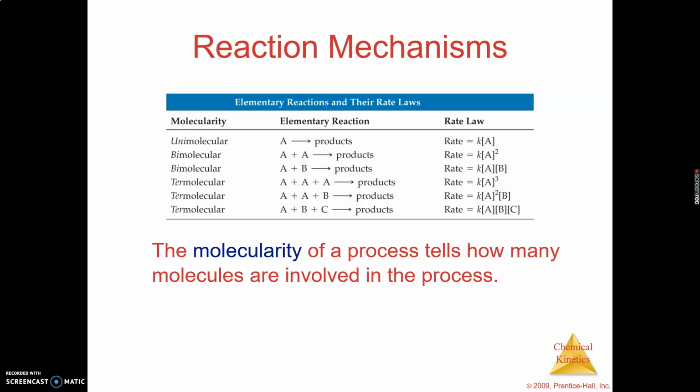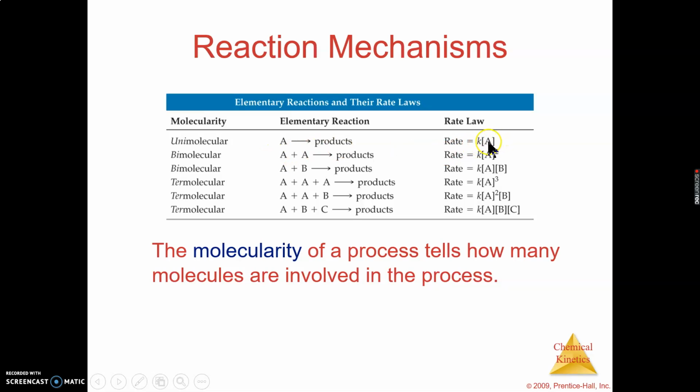The next thing to look at here is the rate laws. So we see this is rate equals k times the concentration of A to the power of 1, A to the power of 2. The one thing that I want to point out here is what you should notice is that the rate law exponent is the coefficient from the balanced chemical reaction.